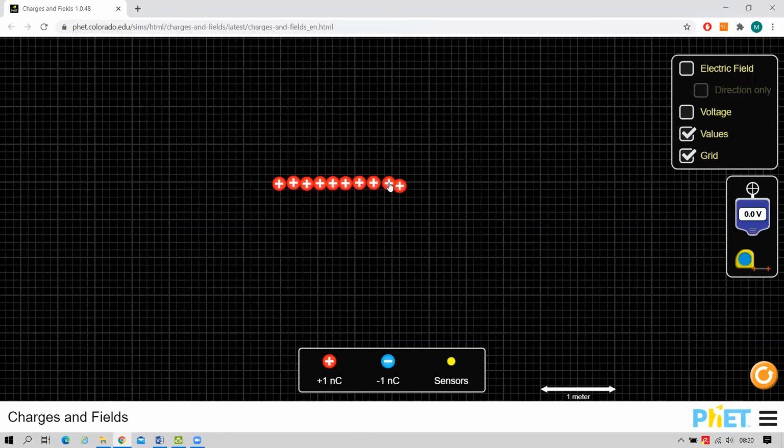I'm doing a uniformly positive charge line. It's very time consuming to do. And let's do a uniformly negative charge line parallel to this.